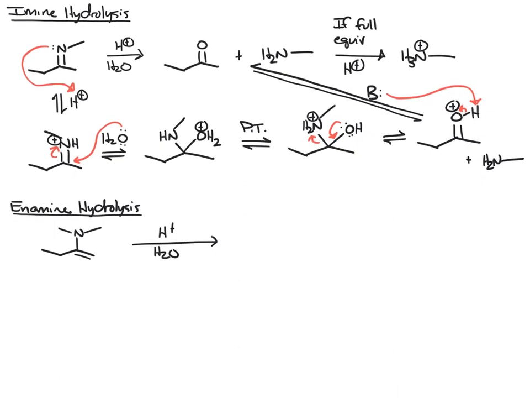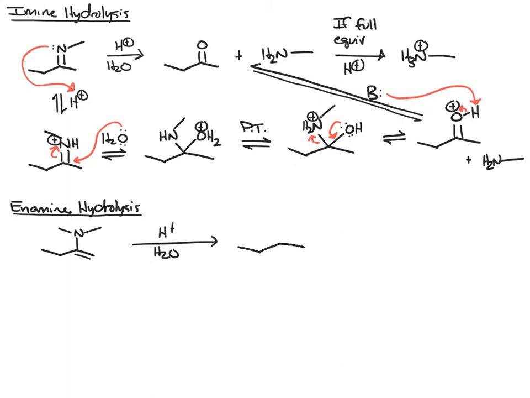All right, so we're using acid and water, and the product's just slightly more difficult to predict than the amine, but not substantially. So you have the alkene carbon bonded to the nitrogen. That becomes the double bond O in the product.